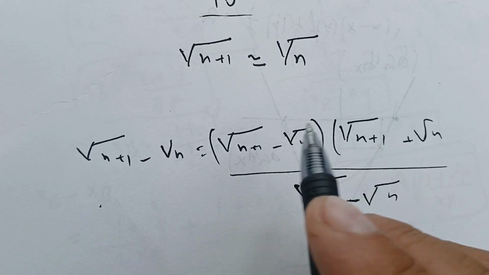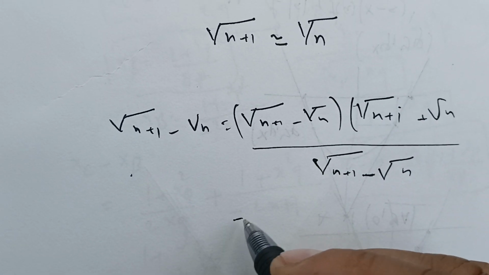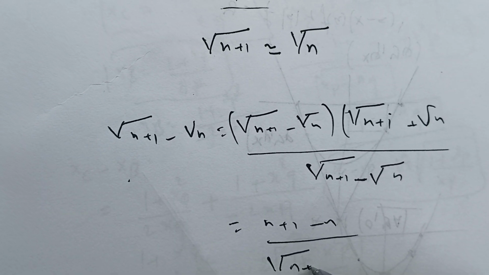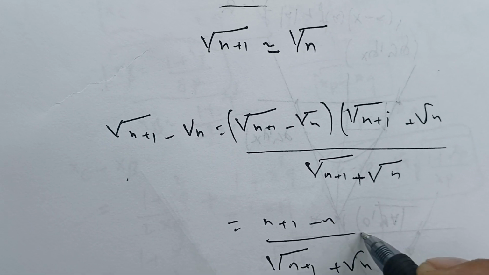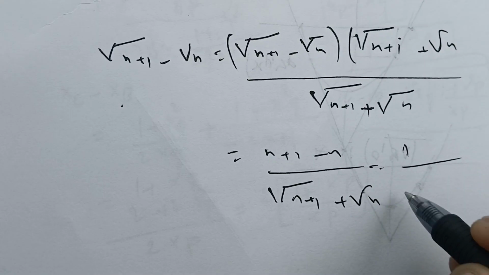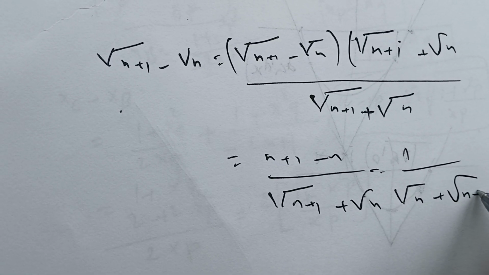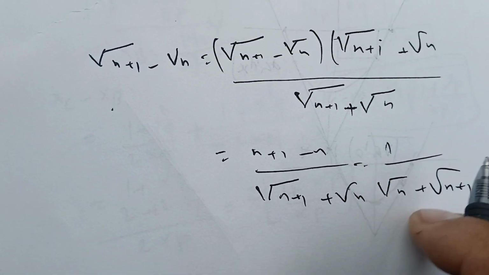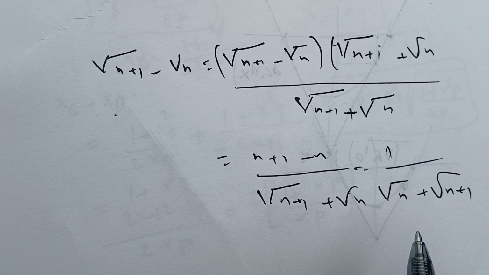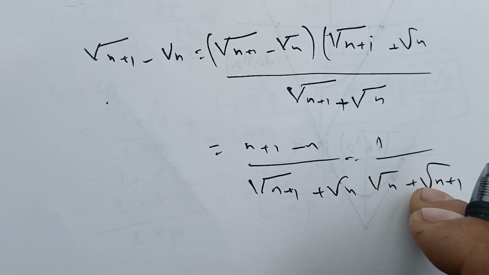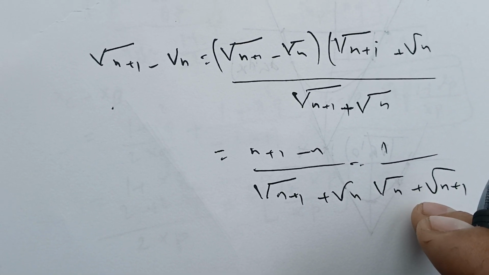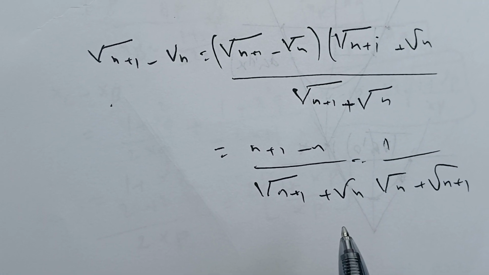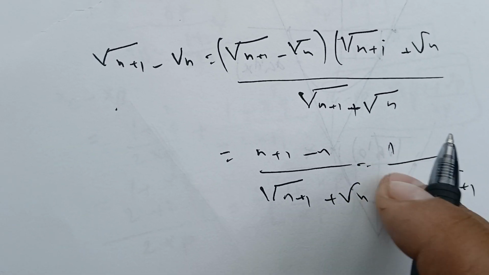On the top we get n plus 1 minus n, over the square root of n plus 1 plus the square root of n, which is 1 over the square root of n plus the square root of n plus 1. We can't deduce directly from here, but we can use some logic.